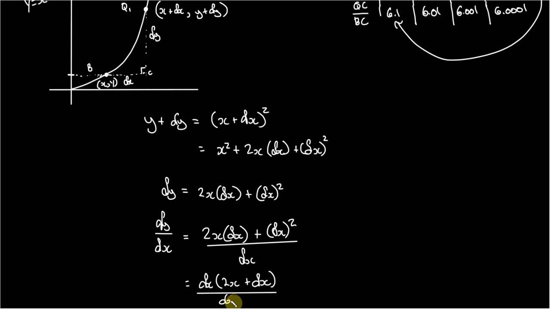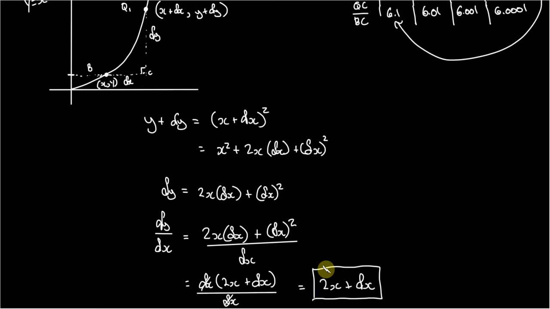And we can simplify, because delta x is going to cancel out here, quite conveniently, in fact. And so what we end up with is just 2x plus delta x as our result.